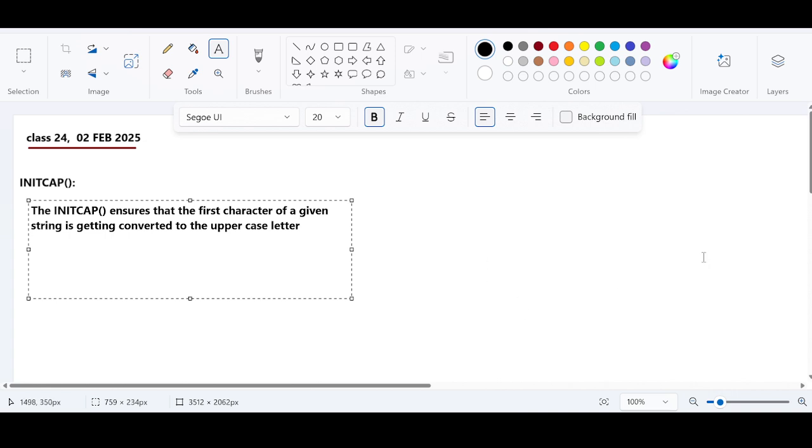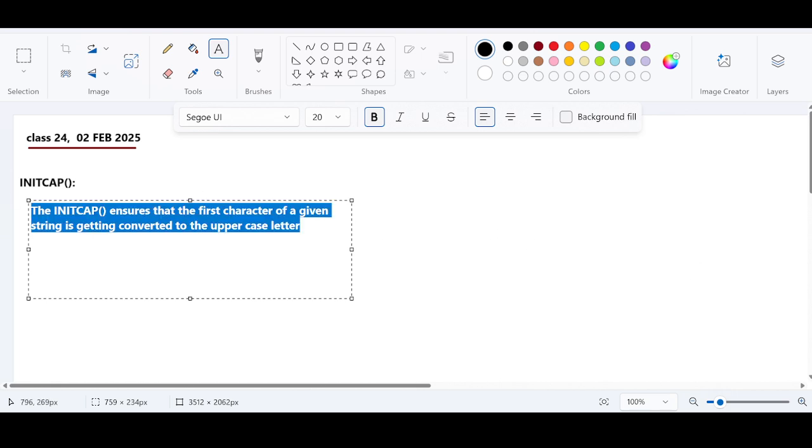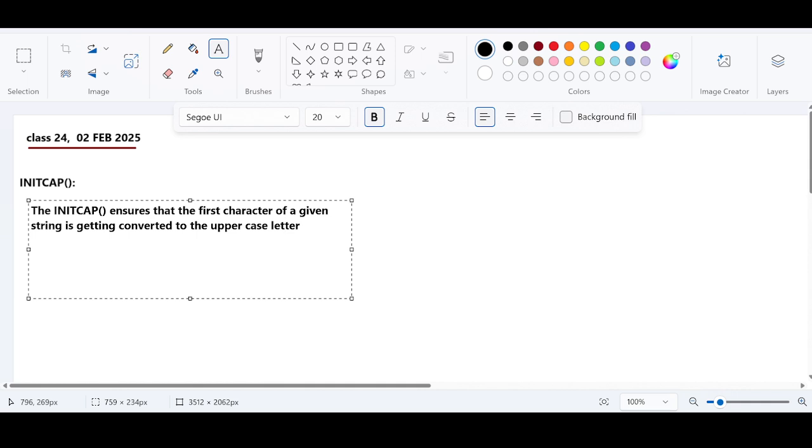If it is already in uppercase, it remains the same. If not, it gets converted to uppercase, and the remaining characters will be in lowercase. So what is the typical syntax for this? The syntax is going to be like this.